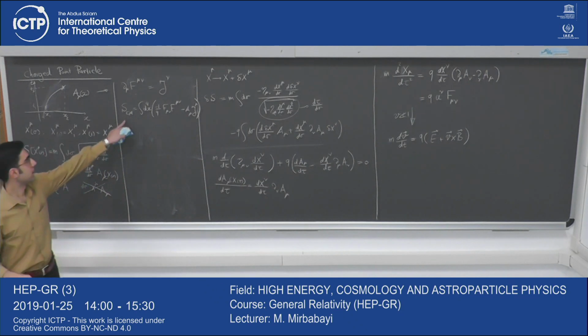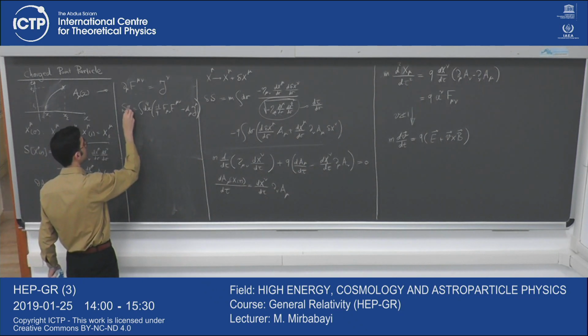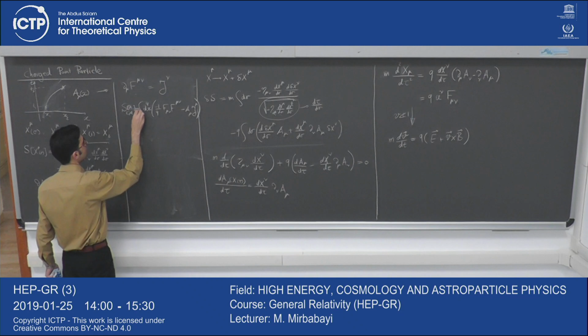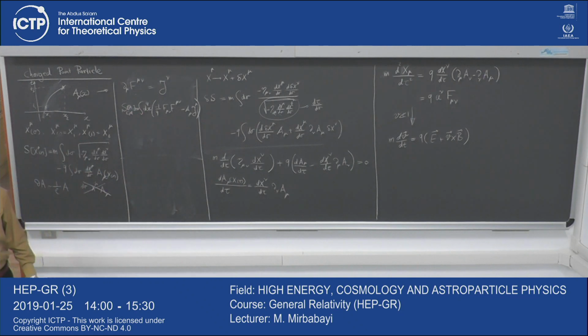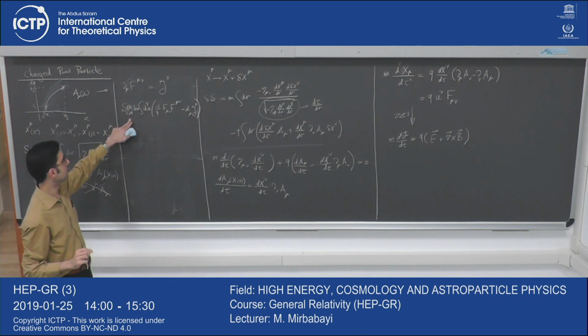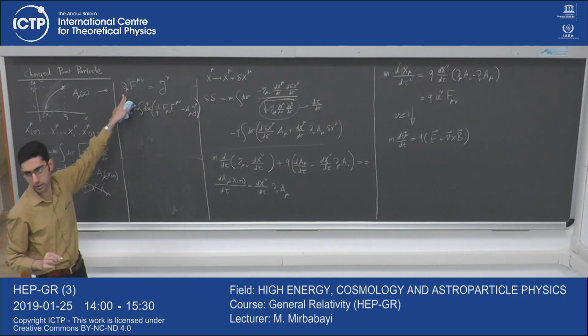If I vary this action, written for the A mu field, with respect to A mu, then the resulting equation of motion will be that.